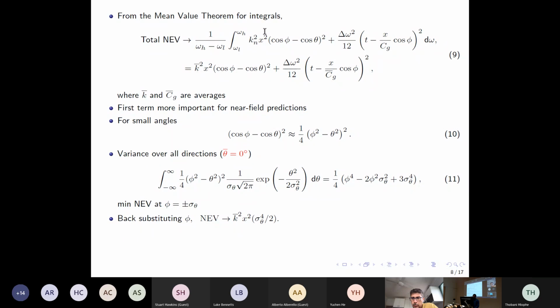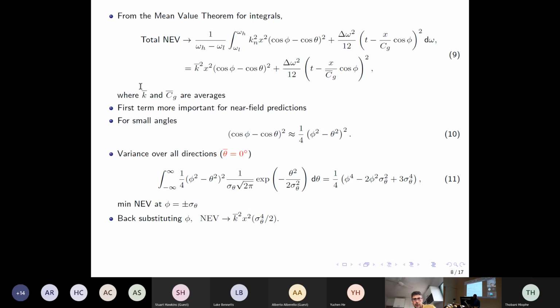We assume a band limited spectrum with the lower frequency omega L and the higher frequency omega H. So we integrate the 2 terms that I showed in the previous slide, and we get something which looks like this: k bar squared x squared times the directional terms, and then the frequency terms coming in the second term here from the mean value theorem for integrals. And k bar is the average wave number, and CG bar is the average group velocity.